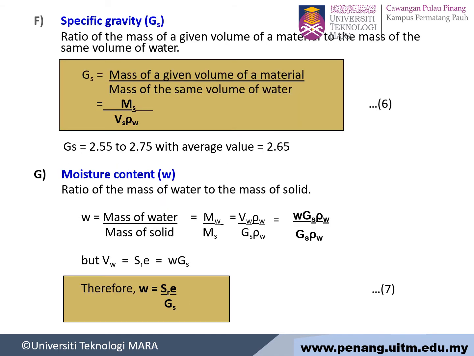Specific gravity is the ratio of the mass of a given volume of a material to the mass of the same volume of water. So Gs is equal to mass of solid over Vs over rho water. Moisture content is the ratio of mass of water to mass of solid, so M water over M solid.